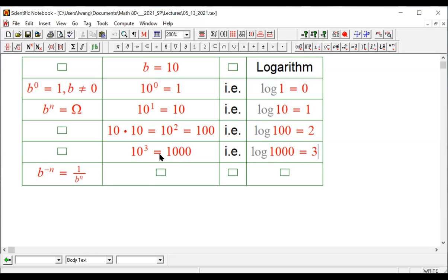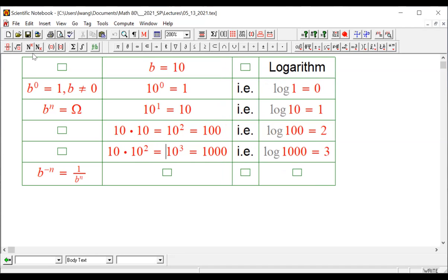Okay, so once again, let's look at this phenomenon. 10 to the power 3 is 10 times 10 squared. Right? 10 times 10 squared is 10 to the power 3, which is 1,000.